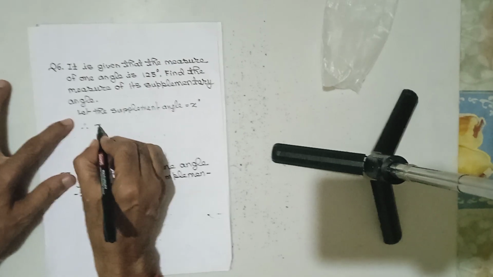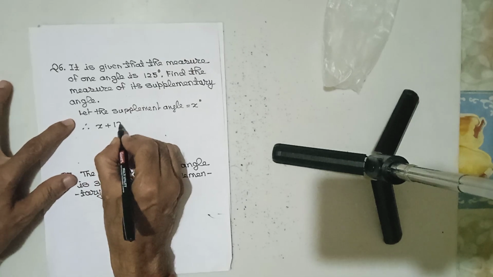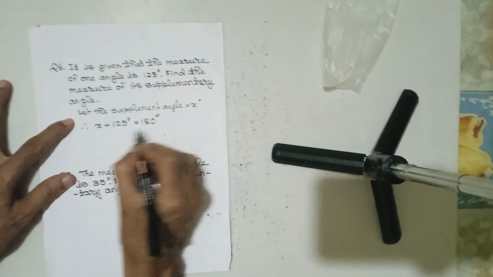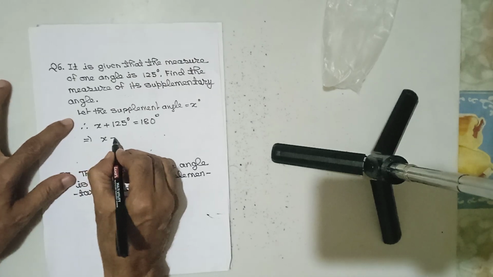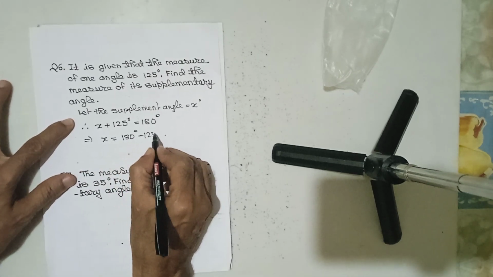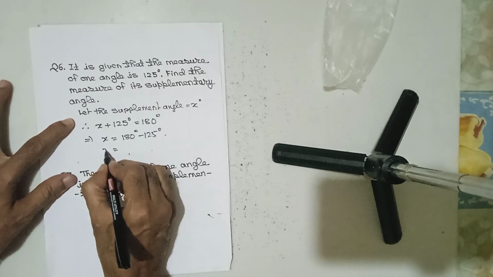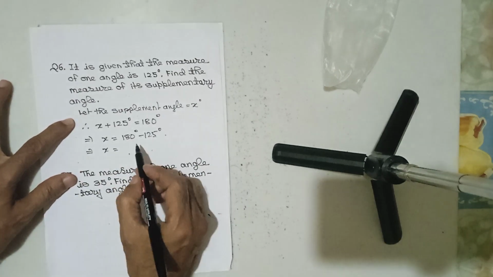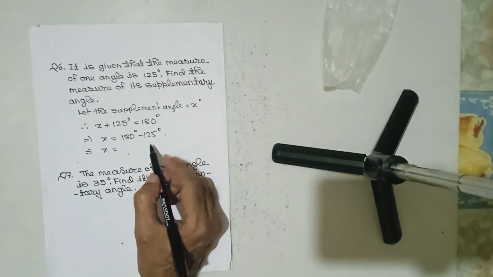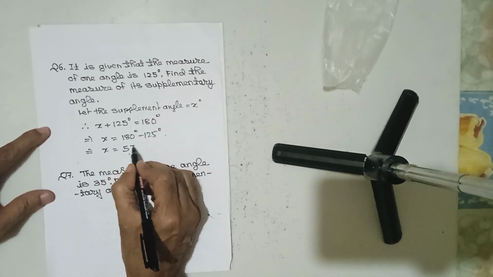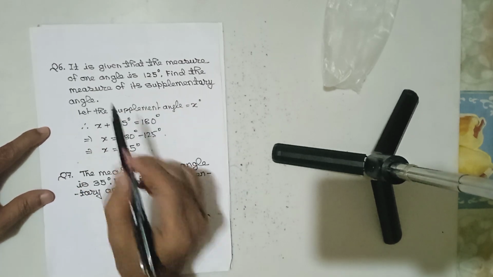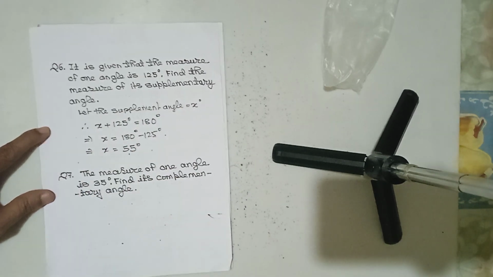Therefore, x plus 125 degree is equal to 180 degree. This implies x is equal to 180 degree minus 125 degree, which is 55 degree. So this is your answer. The measure of its supplementary angle will be 55 degree.